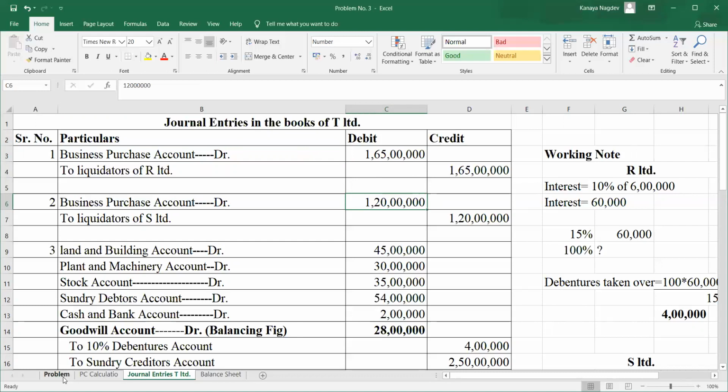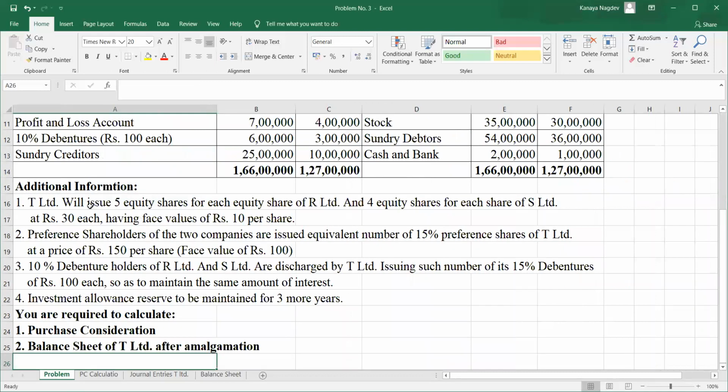Now, if we refer to the problem once again, our first adjustment has said how much is received in the form of equity shares. Our second adjustment has mentioned how much is received in the form of preference share capital. Third adjustment is related to the debenture holders, that is at what amount the debentures are being taken over by T Limited.